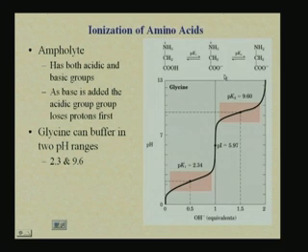At some point, I am going to lose the amine proton. The NH3 plus has to lose its proton when I cross its pK2. So, I am at pK1 where I have equal amounts. As I keep on adding OH minus now, I have more amount of A minus than HA, right.